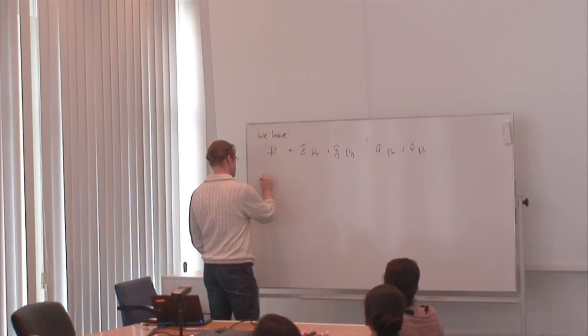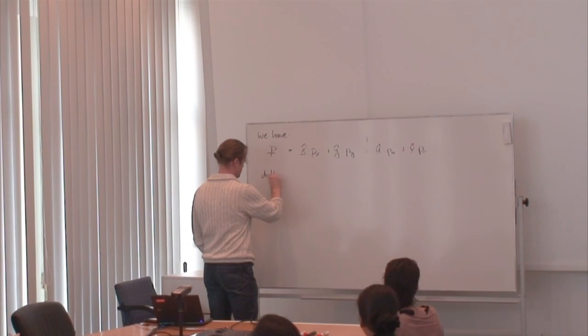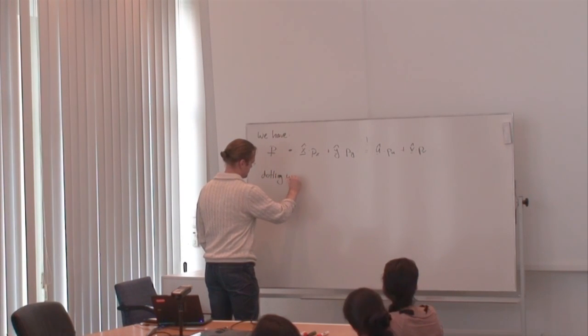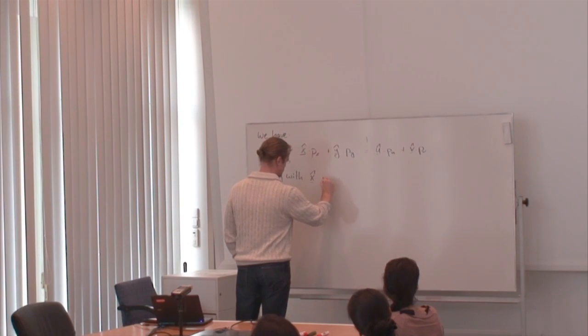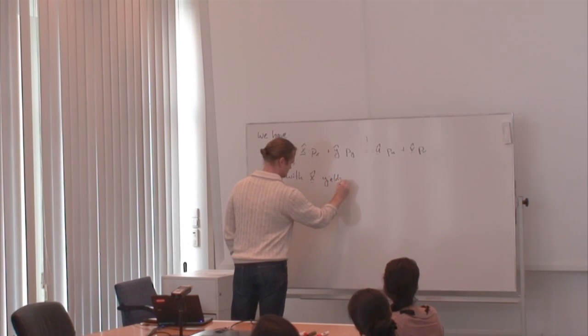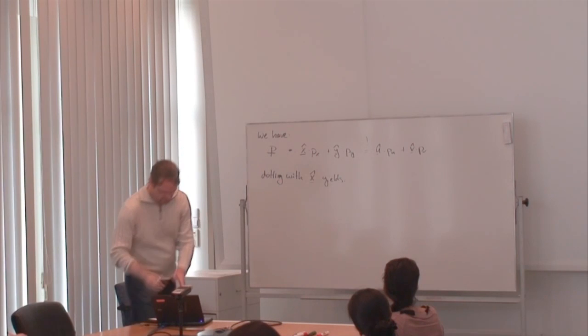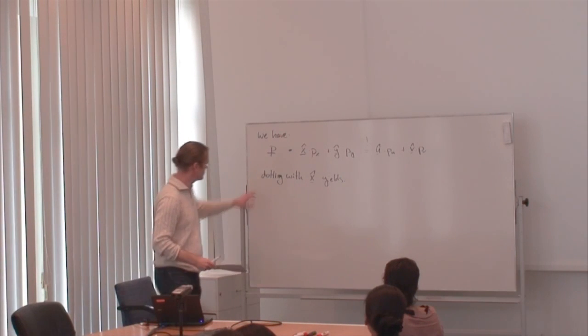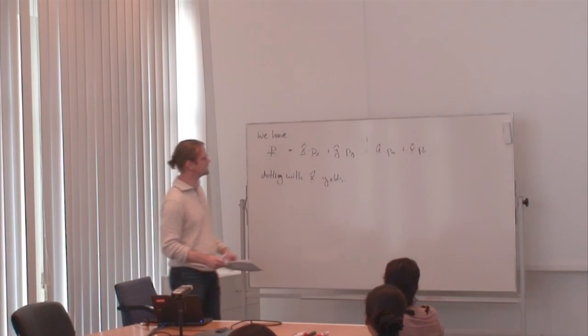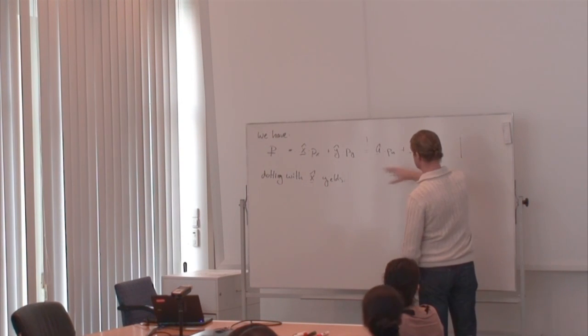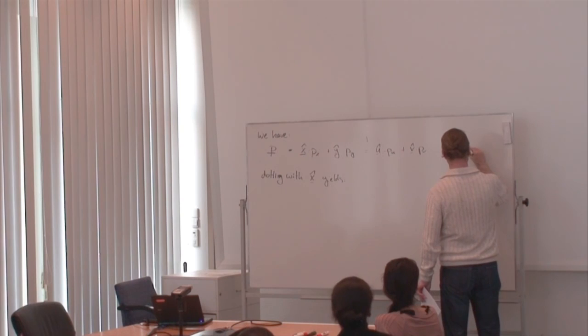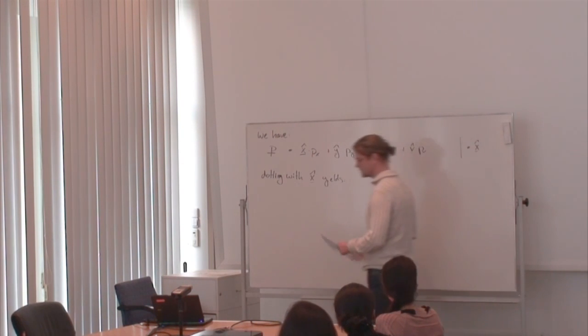So what I say here is dotting with the vector x hat yields, well, dotting with x hat is to say that I will compute the inner product of both sides of this equation with the vector x hat.